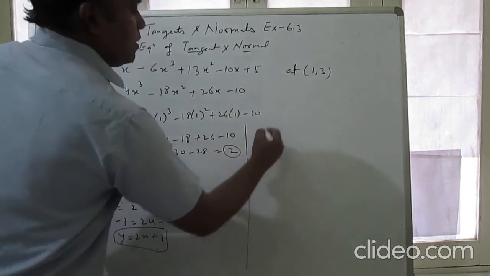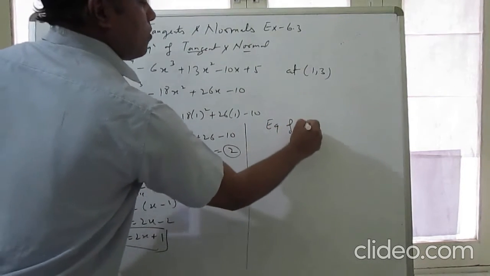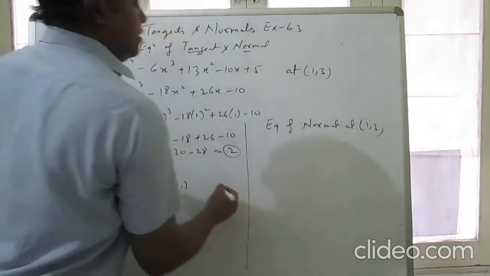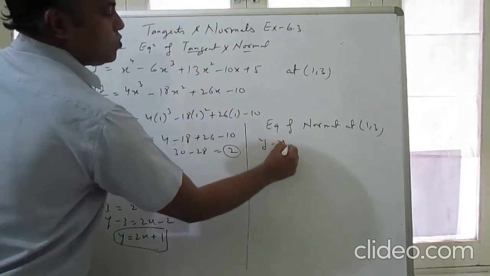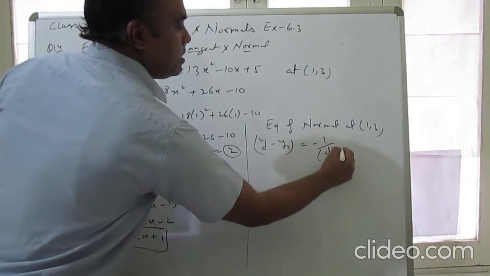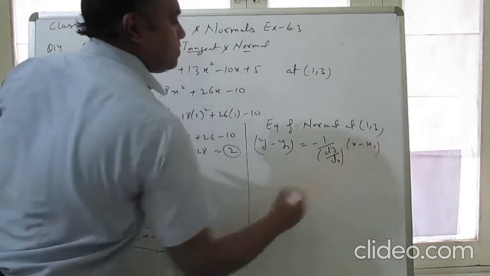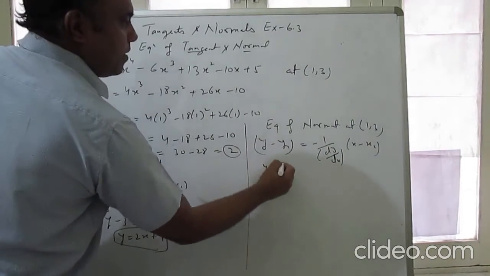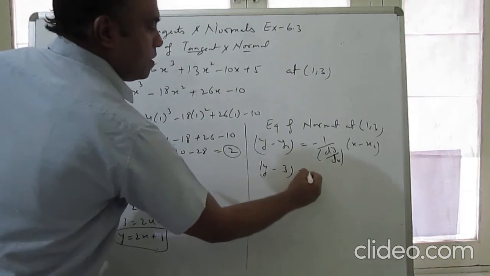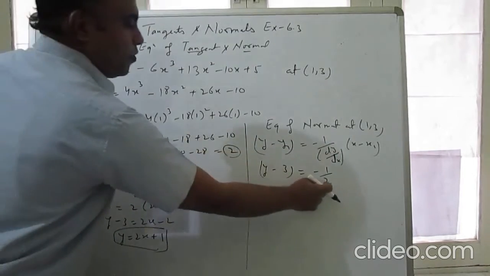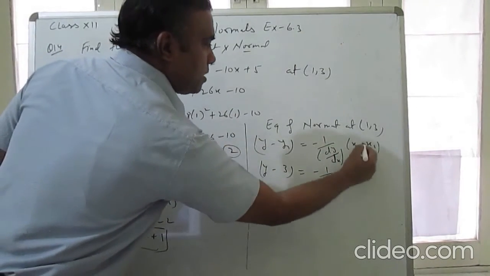Now equation of normal at (1, 3). So what is the formula? y minus y1 is equal to minus 1 upon dy by dx, times (x minus x1). Putting the values, what is y1? y minus 3 is equal to minus 1 upon this dy by dx, which is 2, times (x minus x1).